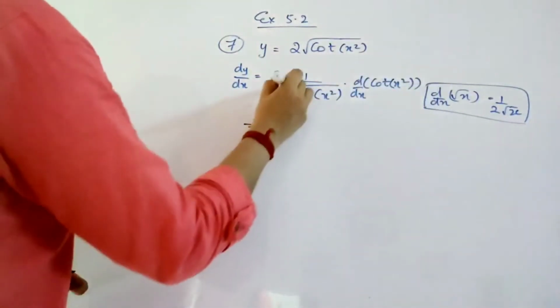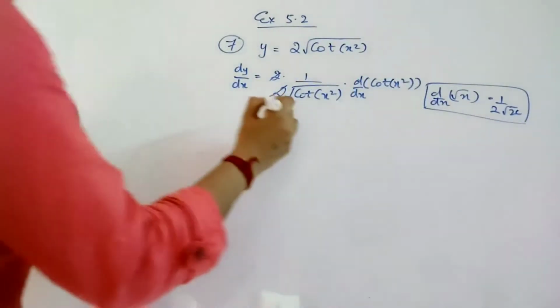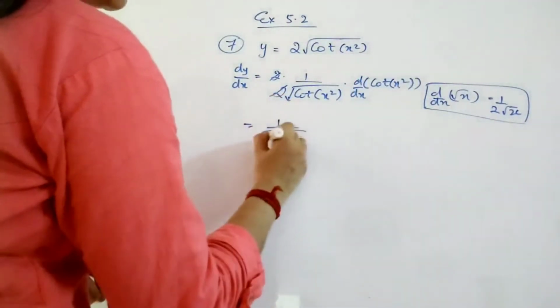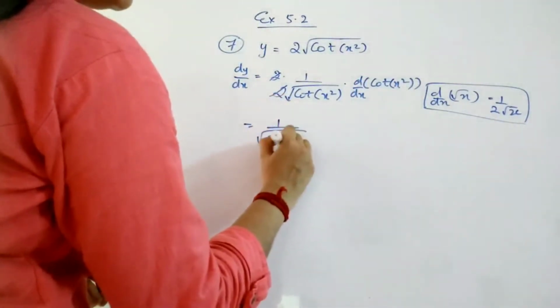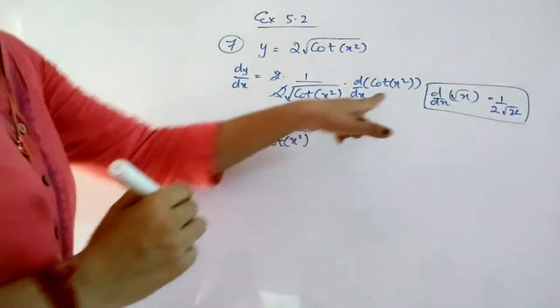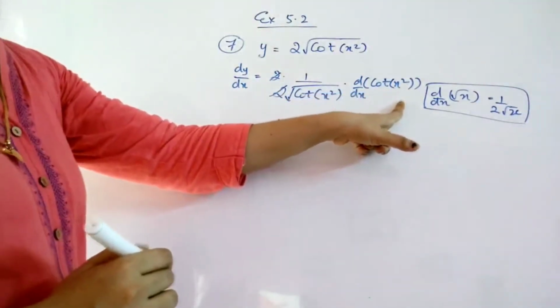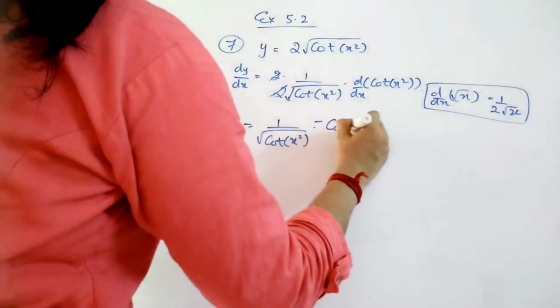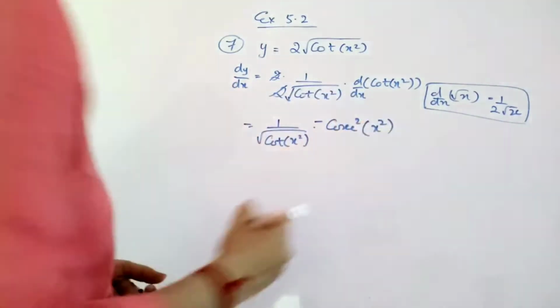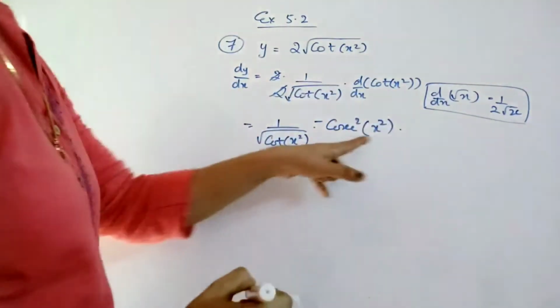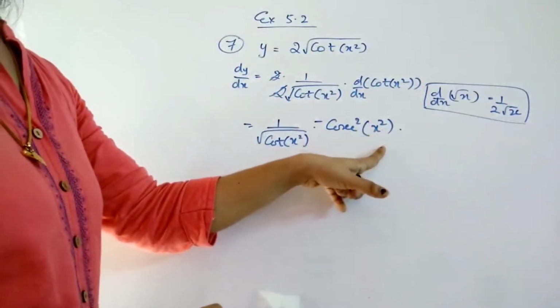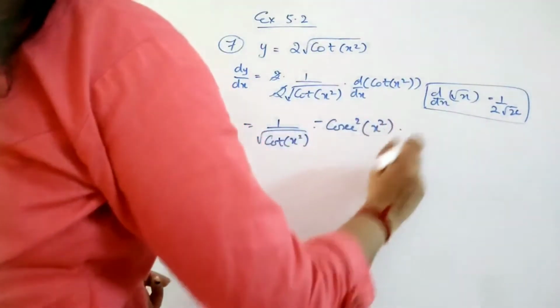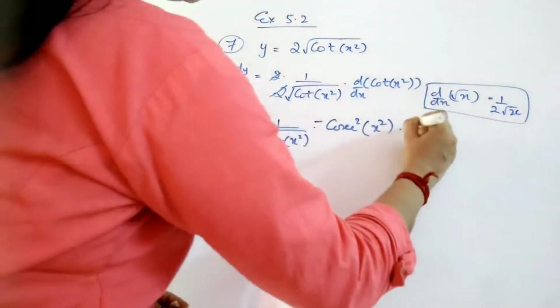Okay, now 2 and 2 get cancelled and you will get 1 by root of cot of x square into derivative of cot of something is minus cosec square of that angle into, since the angle is not x, you have to differentiate this x square again, which will give you d by dx of x square, that is 2x.